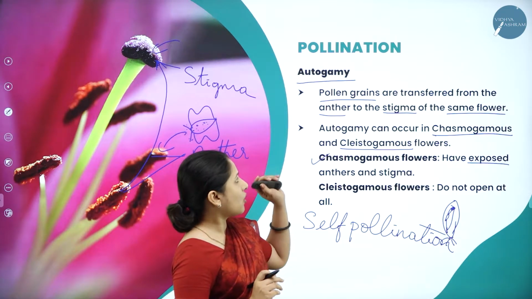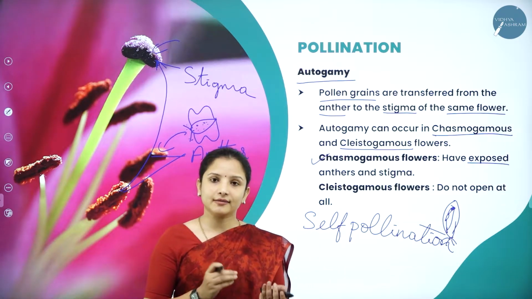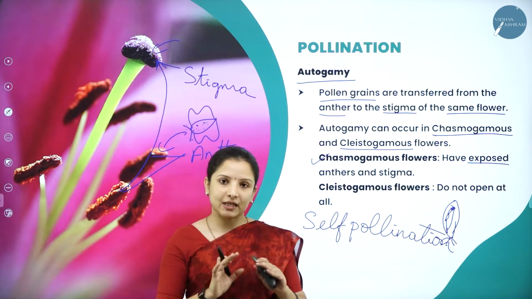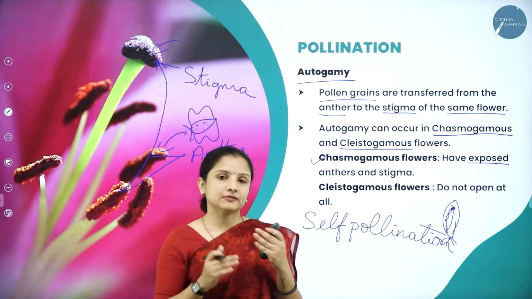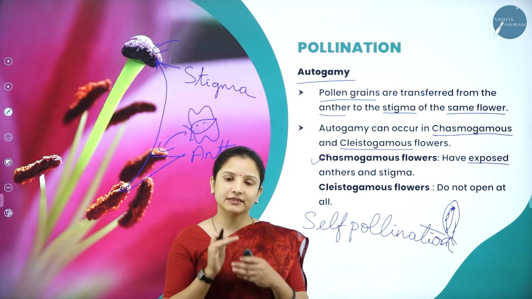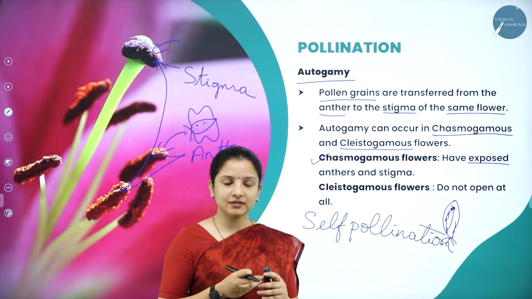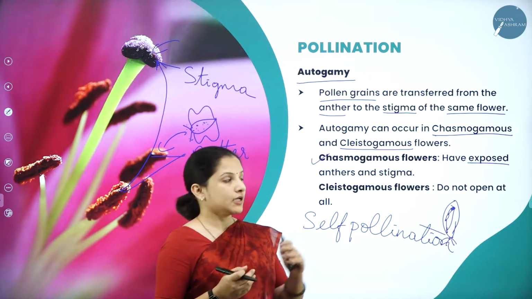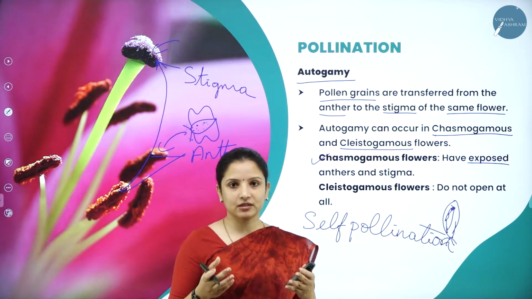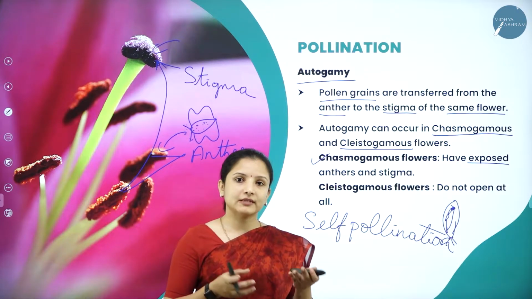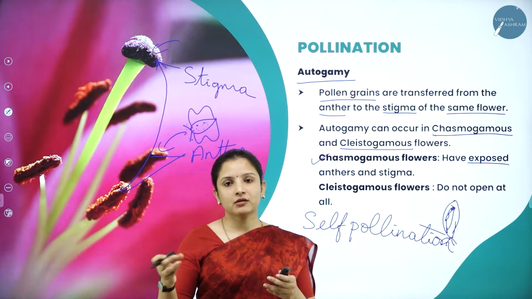So this is about autogamy. In autogamy, the pollens are transferred from the anther to the stigma of the same flower. Therefore, it is also called self-pollination. In the flower itself, the pollination will occur. Autogamy can occur in chasmogamous flowers as well as cleistogamous flowers. In chasmogamous flowers, since the anthers and the pollen grains are exposed to the external conditions, the pollen grains can be carried by the insects as well as the wind, and they can be deposited onto another flower.